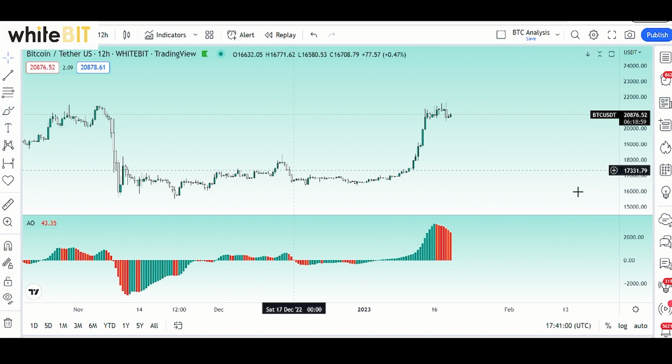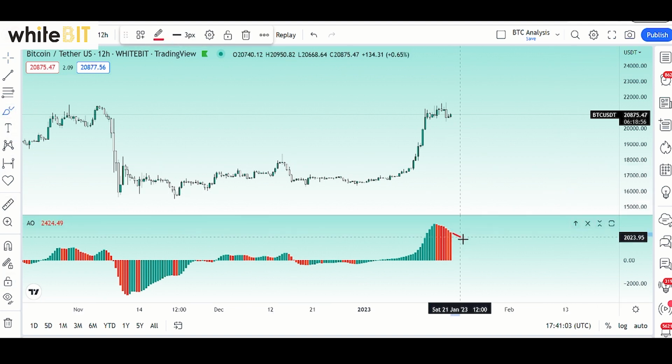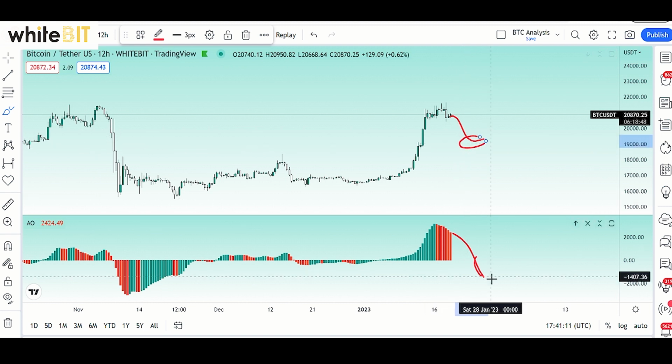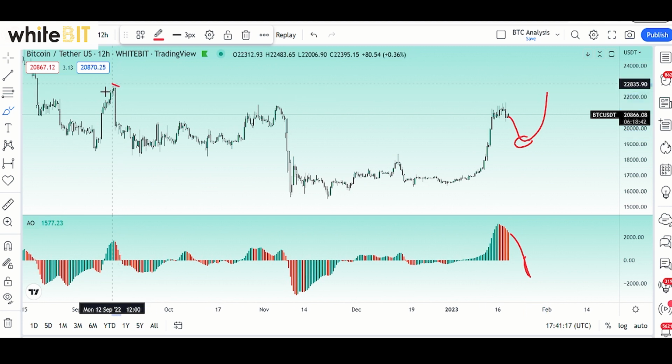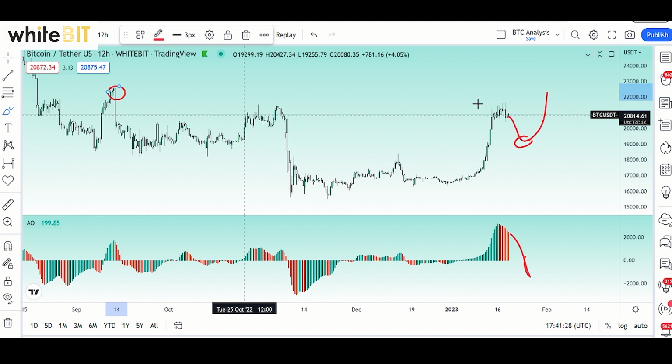On the 12 hours we should see the zero line crossover, which is the minimal requirement for the end of Elliott wave 4, and only after that we should see the new pump, which in my opinion will end right here at this top, approximately $22,300. Now I have a sell short limit order right here.